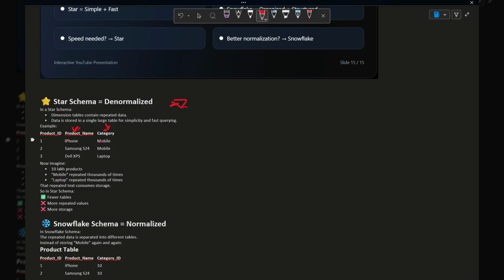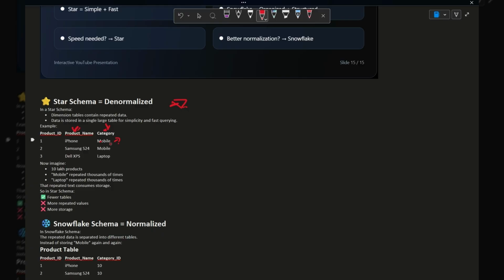Obviously, if this data is 1 million or 2 million rows, and any other mobile-related product is there, it will be capturing mobile. So mobile is being repeated around 20-30,000 times.